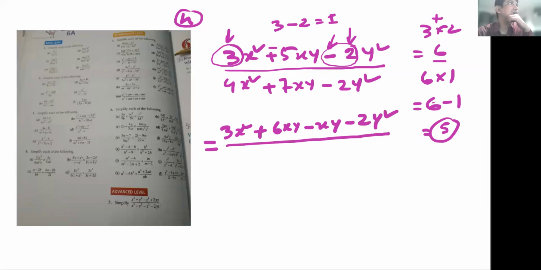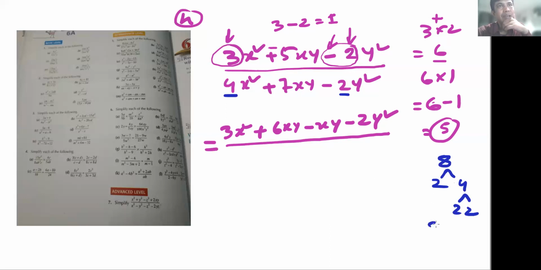Similarly, for the bottom one, we'll multiply 4 and 2. The result is 8. We'll need to make 8xy. We can write 2 into 4, but if we add or deduct, it is not going to be 7.